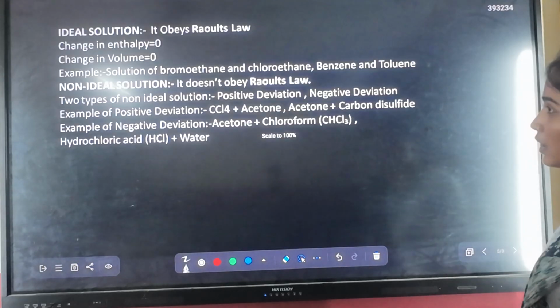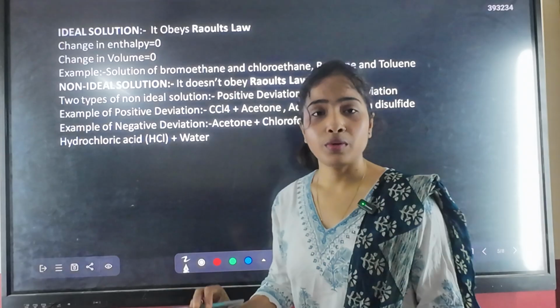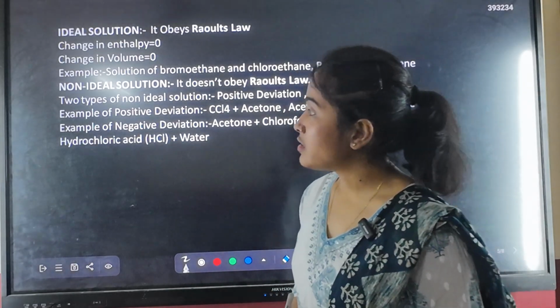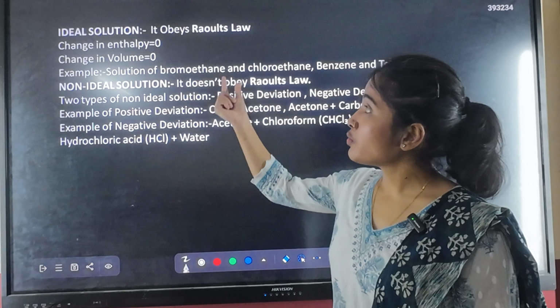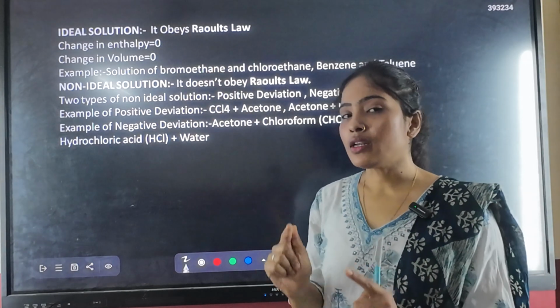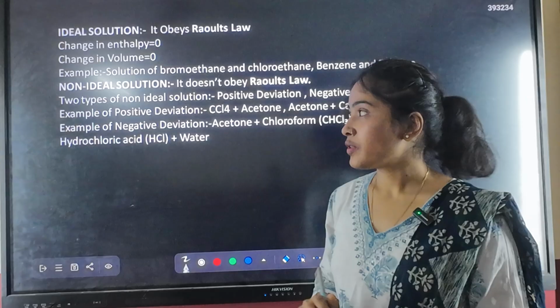Now we will move to another topic known as ideal solution. Ideal solution and non-ideal solution: an ideal solution will obey Raoult's law, and if it obeys Raoult's law, the graphical representation will always be the same.